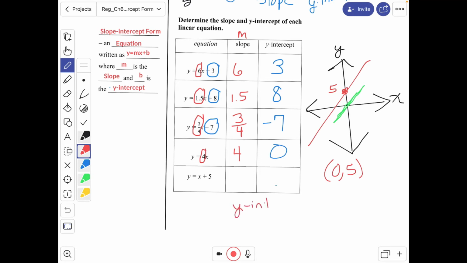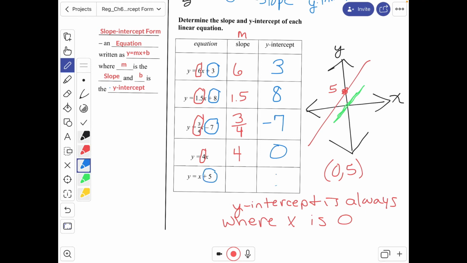The y-intercept is always where x is 0. That'll make it easier for you to find when you're looking at a graph. If you can remember that x has to be 0, what's y? Okay, last example.